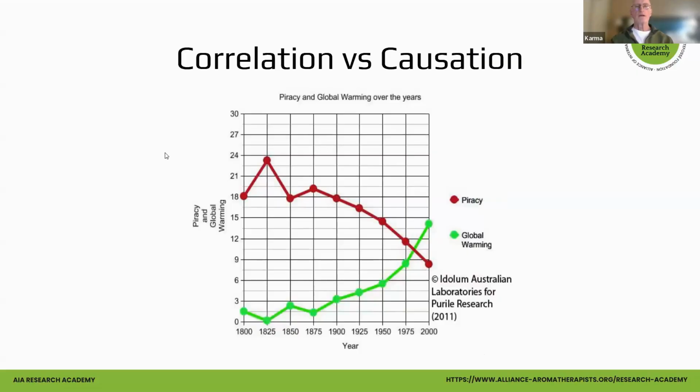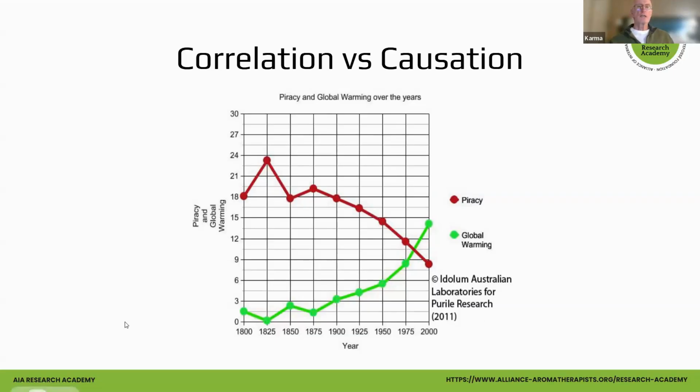Okay. Correlation versus causation. These are some simple bar graphs. And this was done by, these guys must be humorous, the Adolum Australian Laboratories for Puerile Research. Puerile research is childish research.